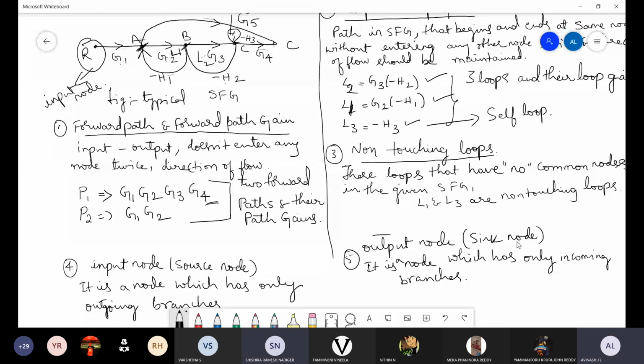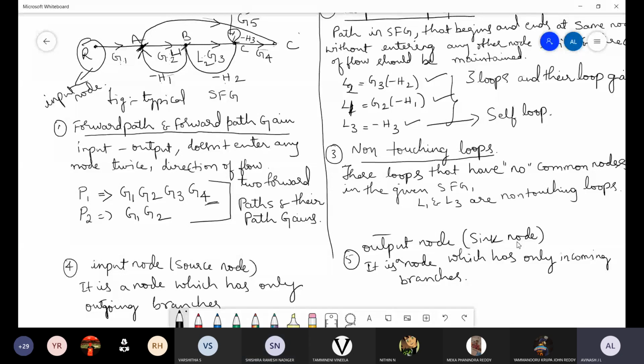So incoming branches means all the signals will come and get sunk. There is nothing going outside also. That is exactly the meaning of sink node. So what is the sink node in the given signal flow graph? C is the sink node. Yes, very good.